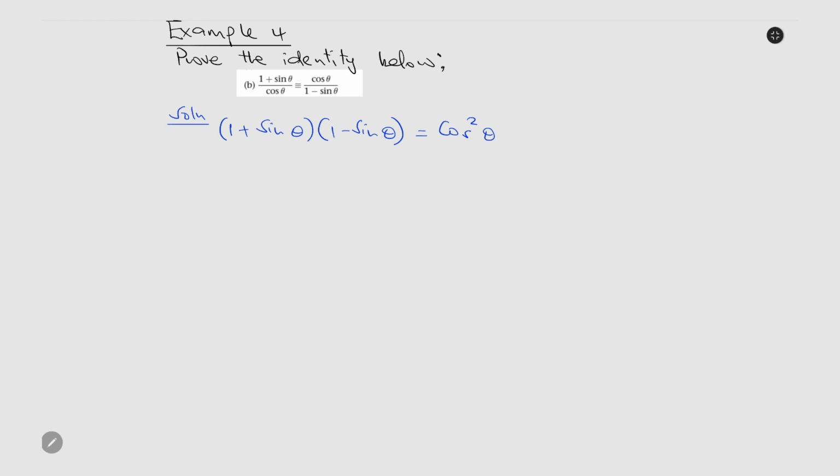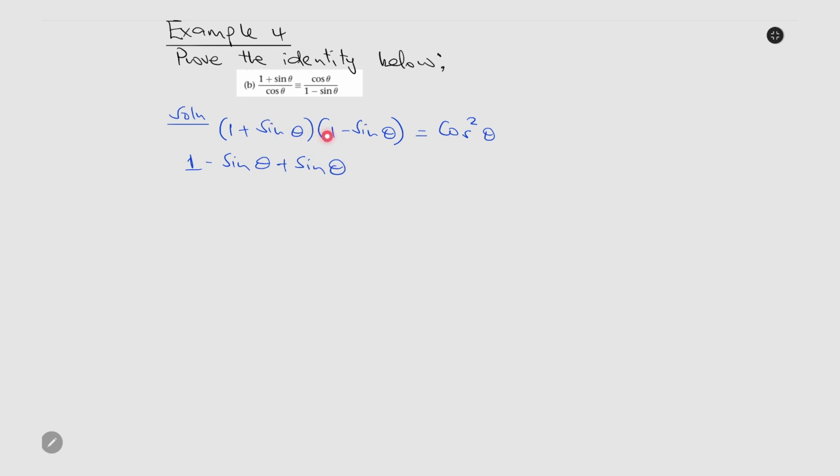At least now I have a right hand side and a left hand side that I can work with. So let's open the brackets. 1 times 1 will give me 1. 1 times negative sine theta will give me negative sine theta. Sine theta times 1, I will have positive sine theta.